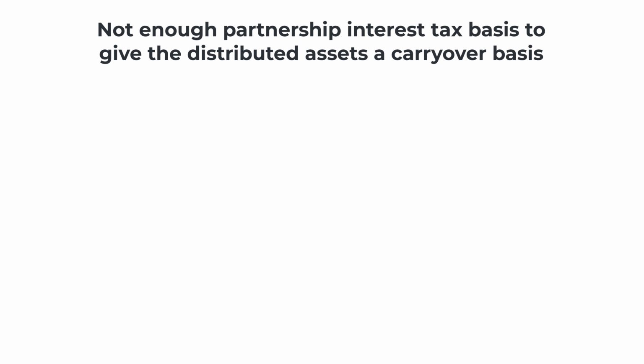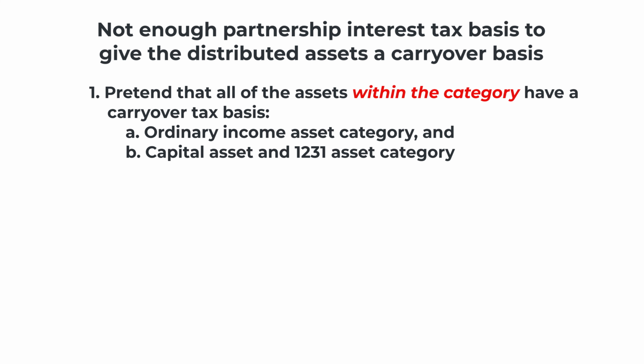First, there could be a tax basis shortfall in either the ordinary income asset category or the other assets category that prevents all assets from achieving full carryover tax basis. If that happens in either category, do this. 1. Pretend that all the assets in the category have a carryover tax basis. 2.